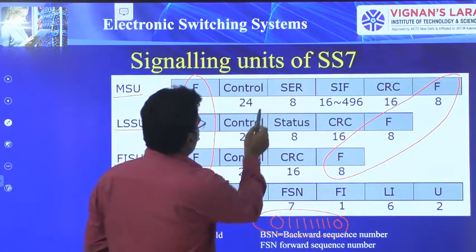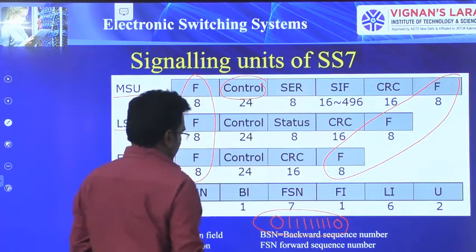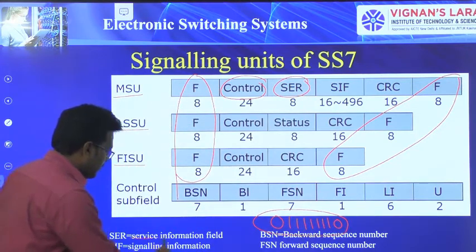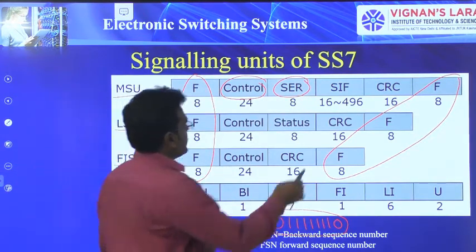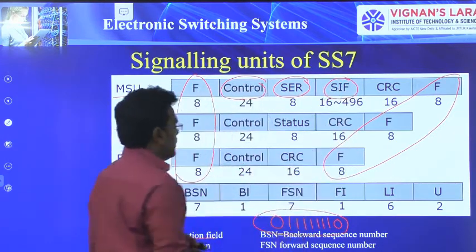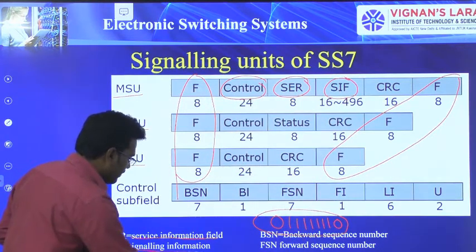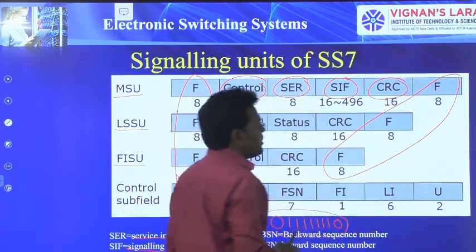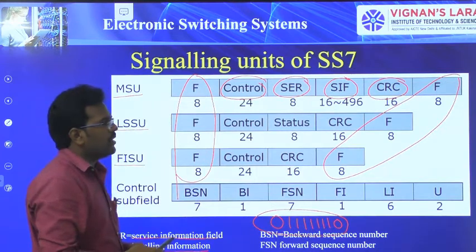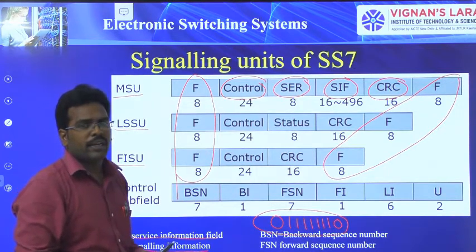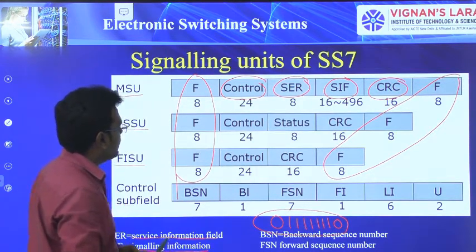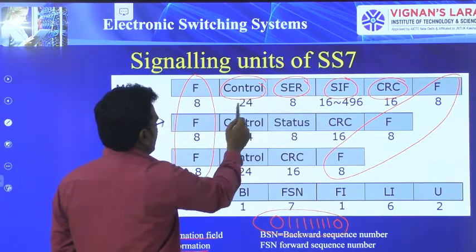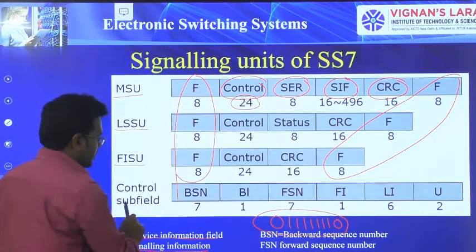The next is the control bits, then SIF, the Signaling Information Field, and CRC, Cyclic Redundancy Check, which is 16 bits and is used for checking errors. If you take the control field separately, it contains 24 bits. So this is the structure of this frame.